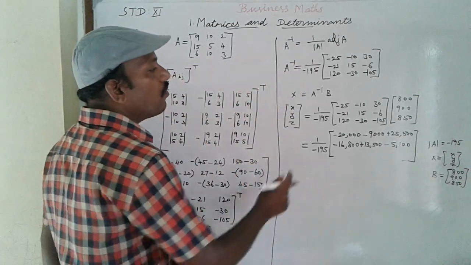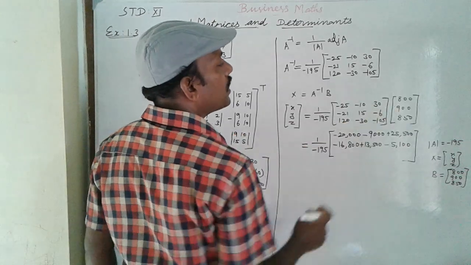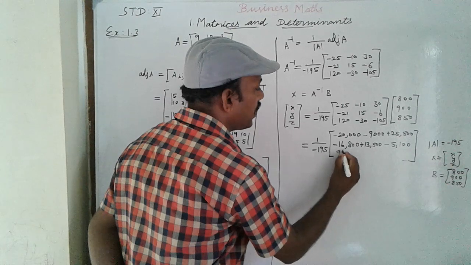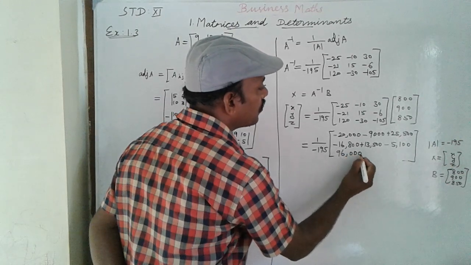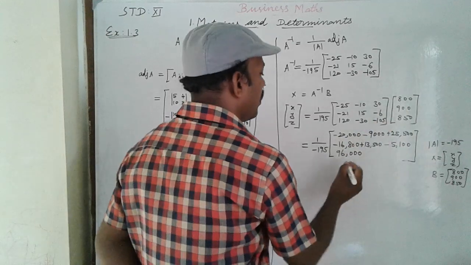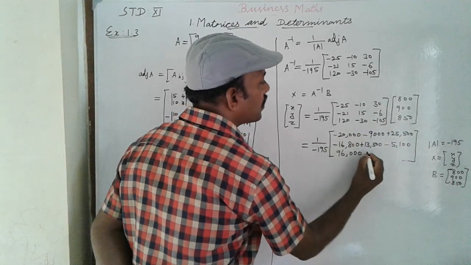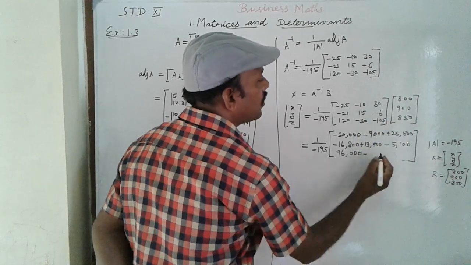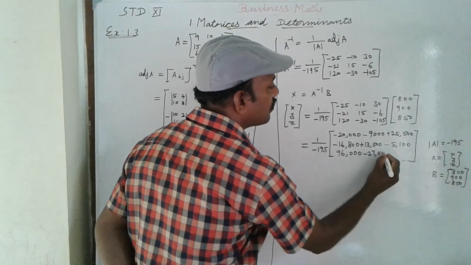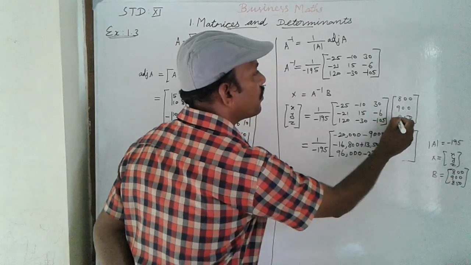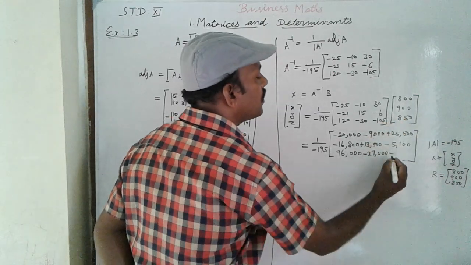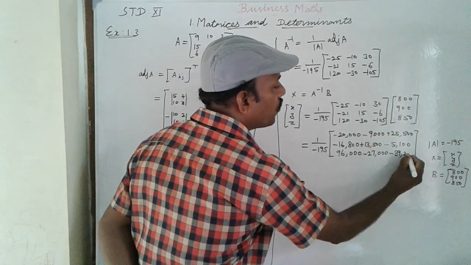Next 120 into 800 is 96,000. Next minus 30 into 900, minus into plus is a minus, 3 nines are 27, 27,000. Next minus into plus is a minus, 105 into 850 is 89,250.